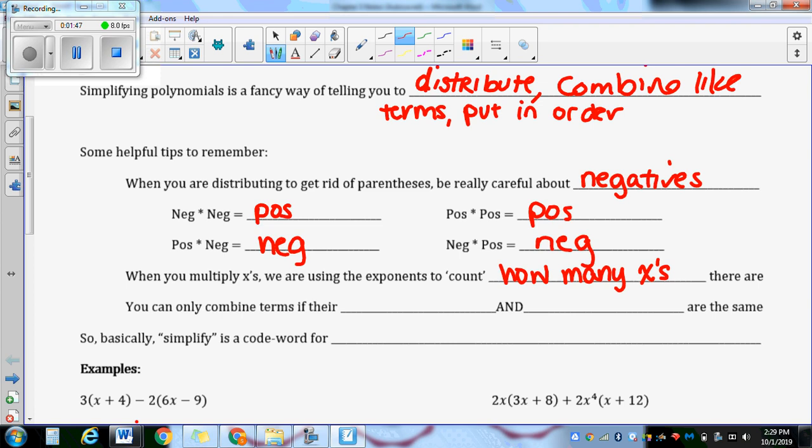You can only combine terms if they're variables and their exponents are the same. So you cannot combine an x and an x to the third. It does not work like that. They are different. So basically, simplify, for the most part, is a code word for combining like terms.